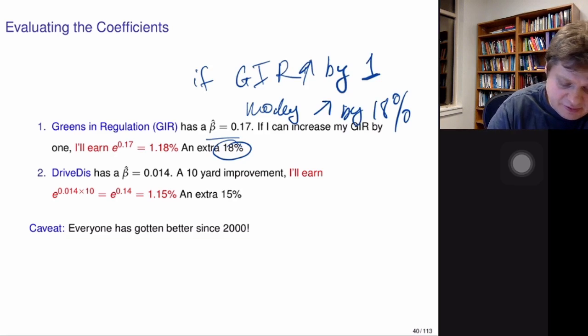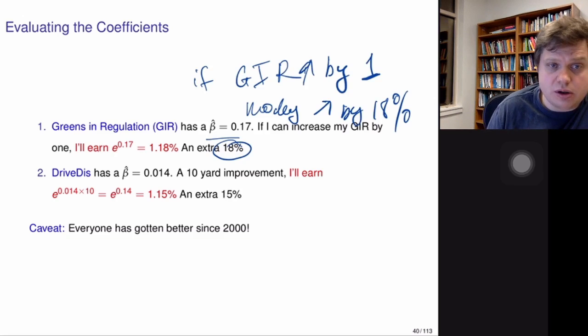Okay, and the drive distance coefficient is 0.014. Again, we raise it to the exponent, and we change the units here. Instead of having 1 yard as a unit, we use 10 yards, so we'll look at the 10-yard improvement. So 10 times 0.014, and we take the exponent of that, 1.15.